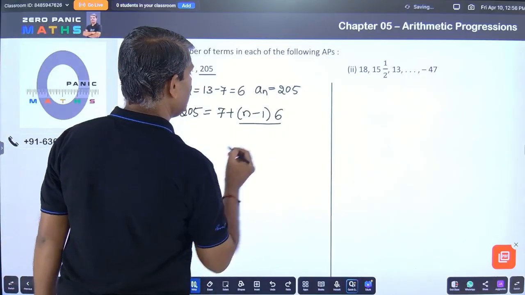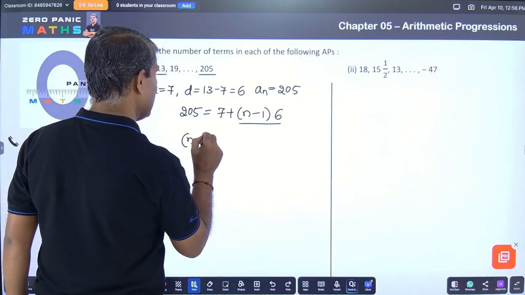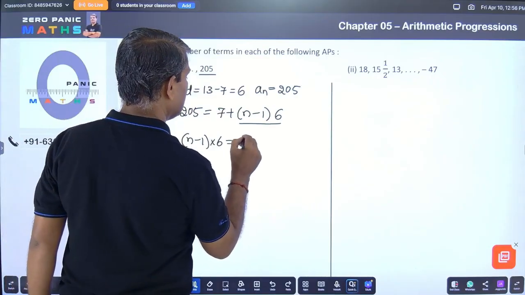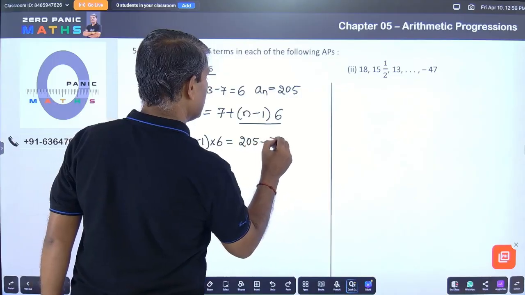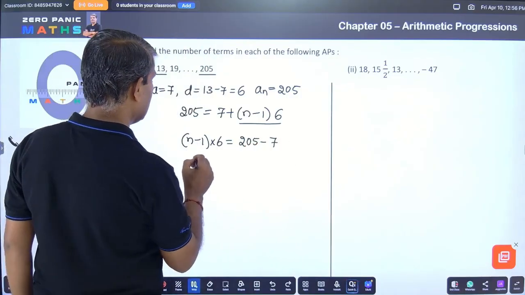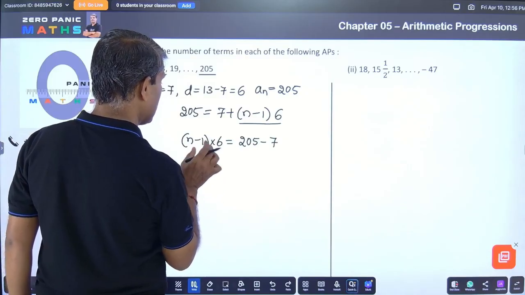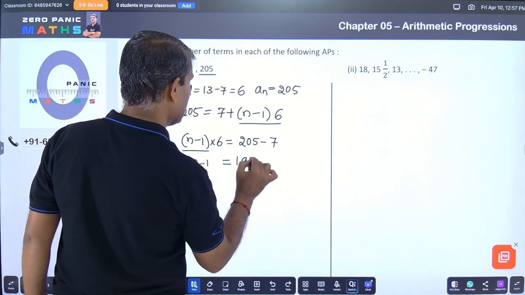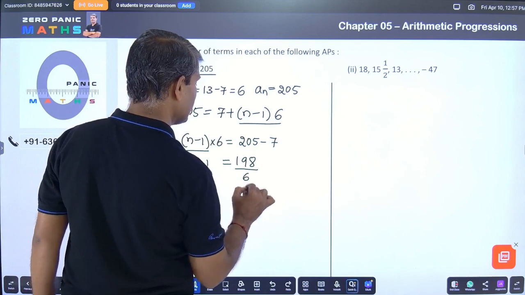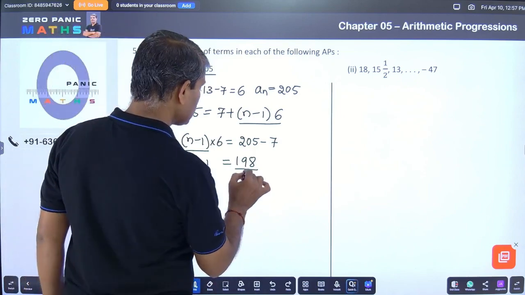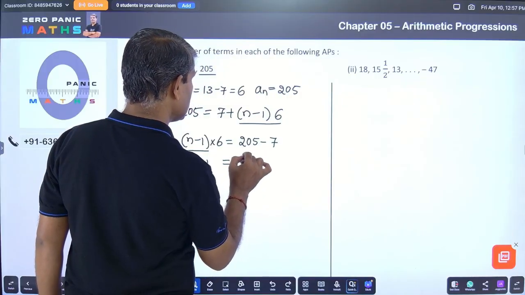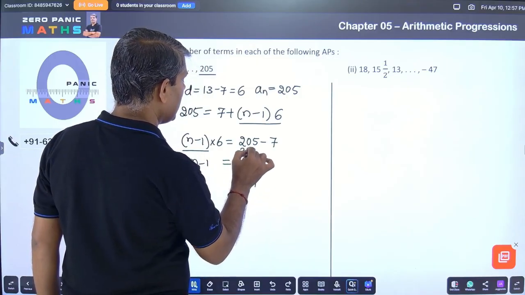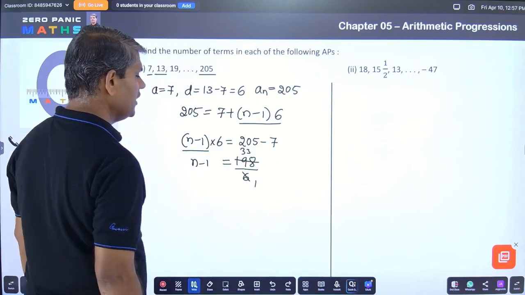Let us follow the same rule. n minus 1 into 6 here. Take the 7 to that side, that is 205 minus 7, that is 198, right? Keep n minus 1 here and take 6 to that side: 198 divided by 6. 6 threes are 18, and 6 threes are 18, so it is 33.